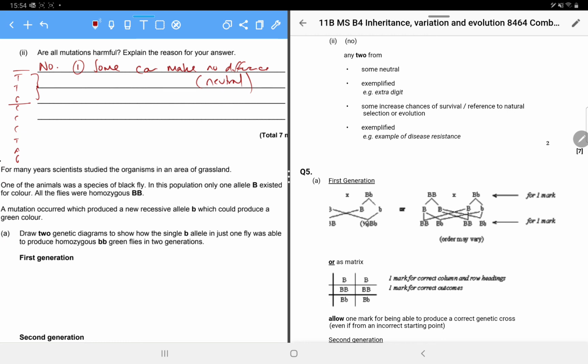It could, though, actually not code for the right amino acid, which would affect the shape of the protein or stop the protein forming altogether, which would be a disadvantage. So some are harmful, but it's possible that a change in DNA wouldn't actually create a difference.